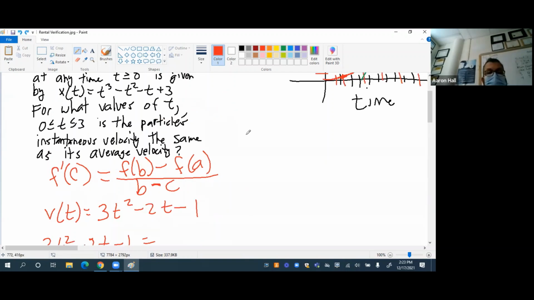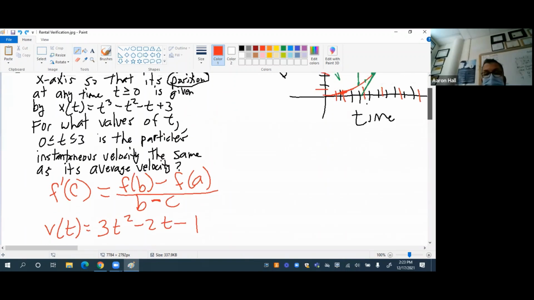How do we find the average rate of change? We're probably more comfortable with this equation, the average rate of change, being written like this: y sub 2 minus y sub 1 over x sub 2 minus x sub 1.